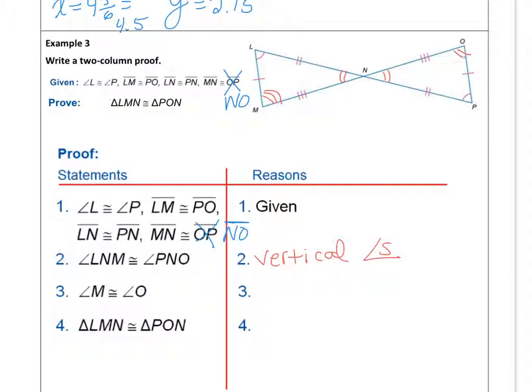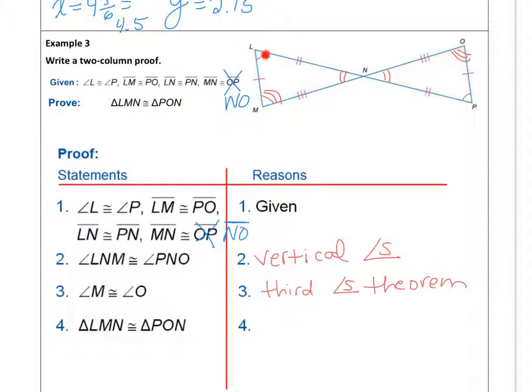Well, we just talked about that in these notes. If we have two triangles with two pairs of congruent angles, that third angle must be congruent. So we're going to call that the third angles theorem. They must be congruent. And finally, why are the two triangles congruent?